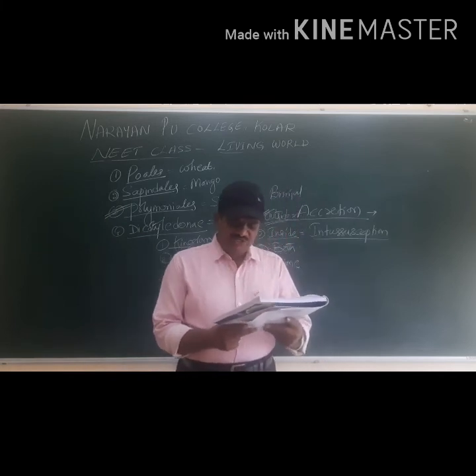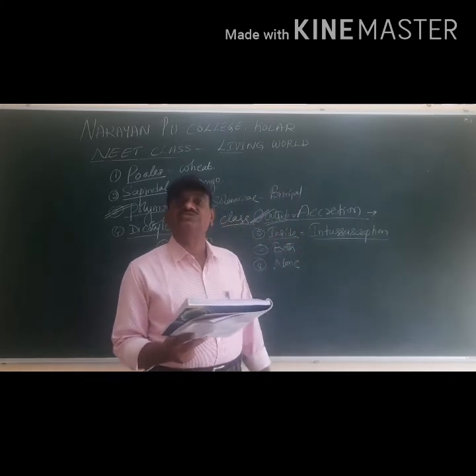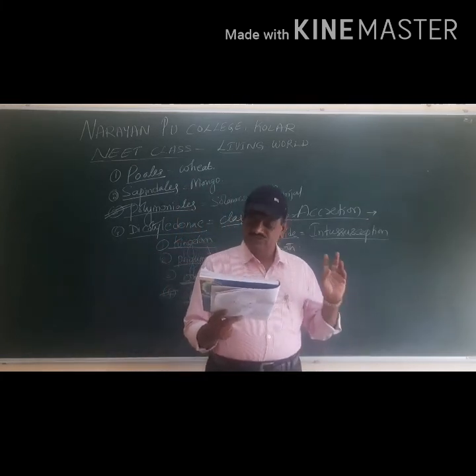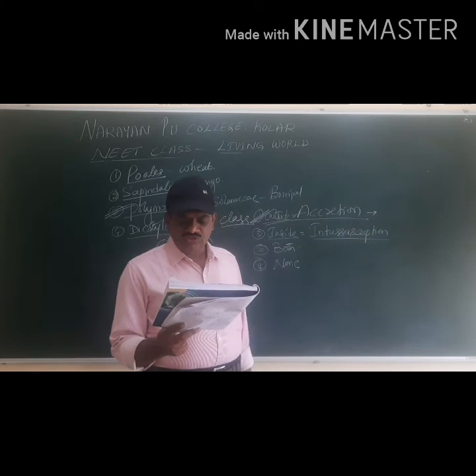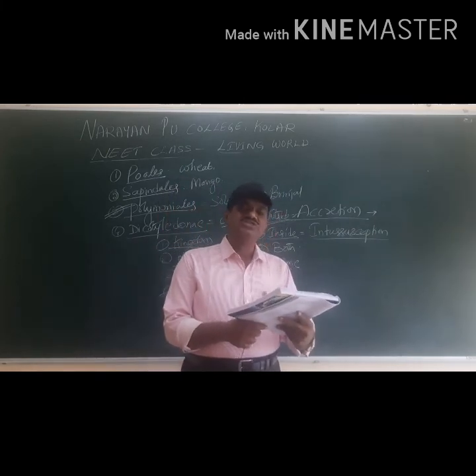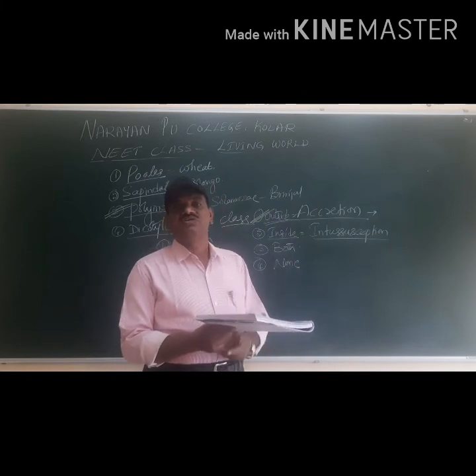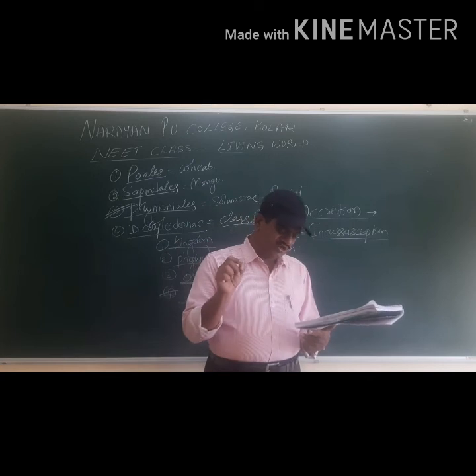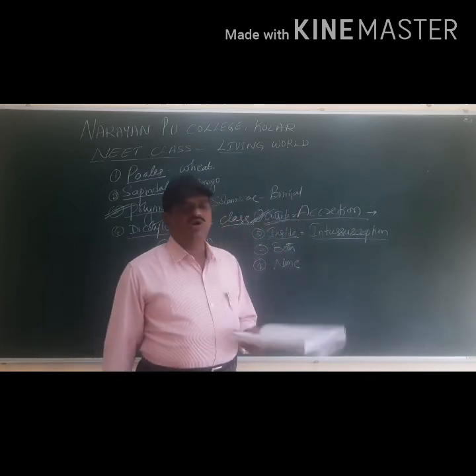A branch dealing with classification is, first option, genetics. The word genetics is a branch of science that deals with the study of genes, the study of genetic material. So this is not the one. Ecology.